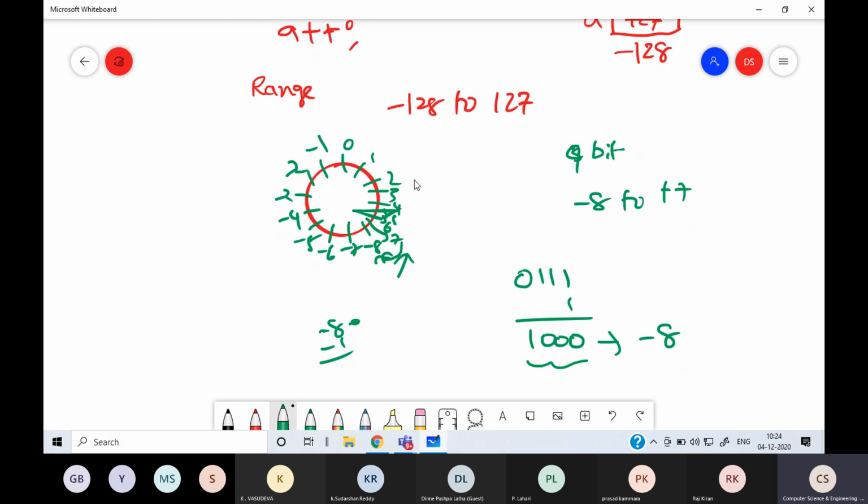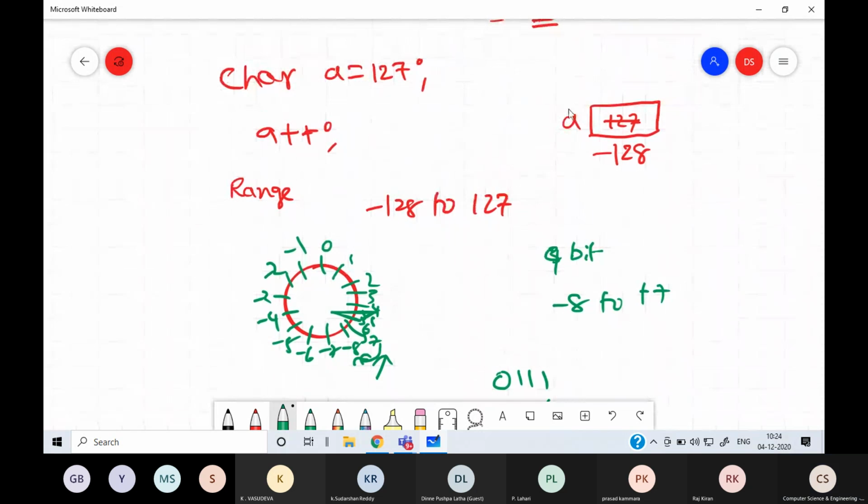Same thing here, because 127 is the maximum positive number for character, and the range is minus 128 to plus 127, because it is 8 bits. So after the positive maximum, if you try to increment, you will get the negative maximum. So the result of this is not 128, it is minus 128. You should be very careful. That's why I told you, you must be aware of the range of the data item which you are using.